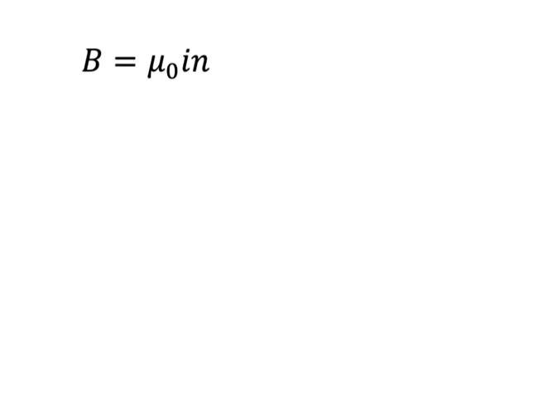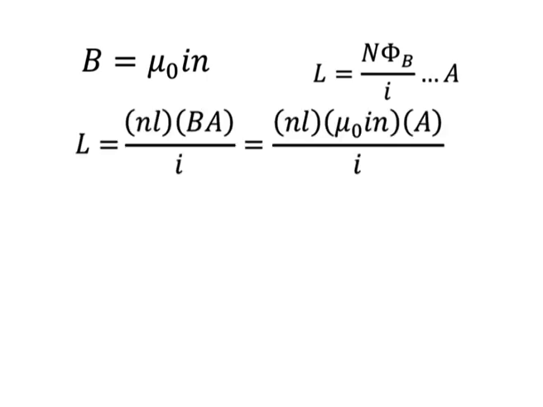The magnitude B is given by B is equal to mu0 I n. So from equation A, L is equal to n l into BA divided by I, which becomes n l into mu0 I n into A divided by I. So L is equal to mu0 n square l A.